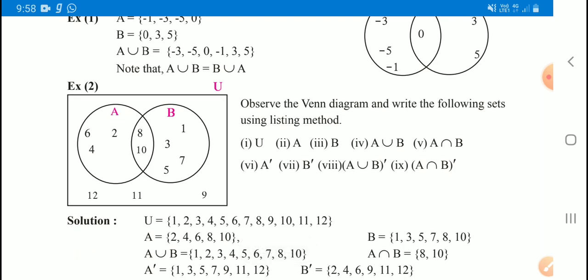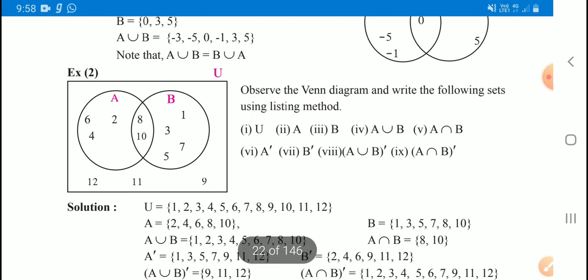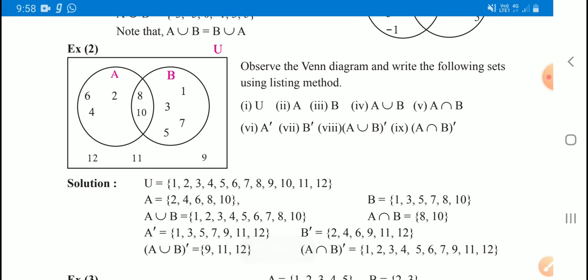Now they have given one example here. Observe the Venn diagram and write the following sets using the listing method. First they said to write the set U. Now you know that U means universal set, means all the elements from both the sets as well as the elements outside the sets. Now here, look, A and B, they have given these two sets. A contains the elements 6, 4, 2, 8 and 10.